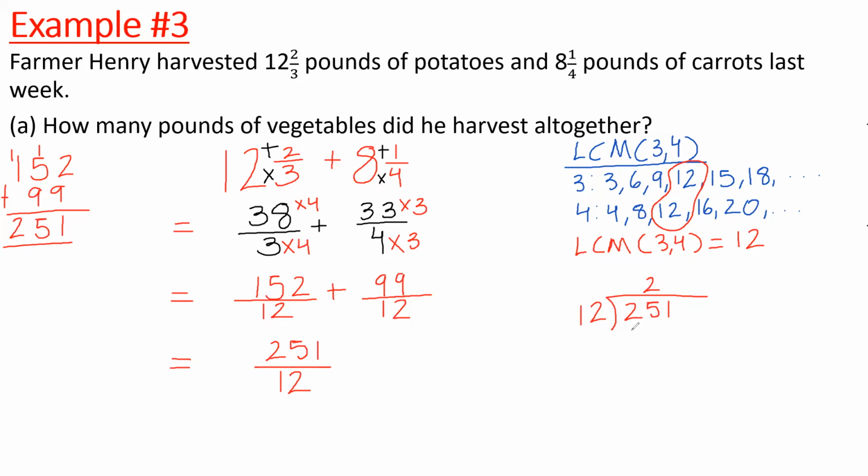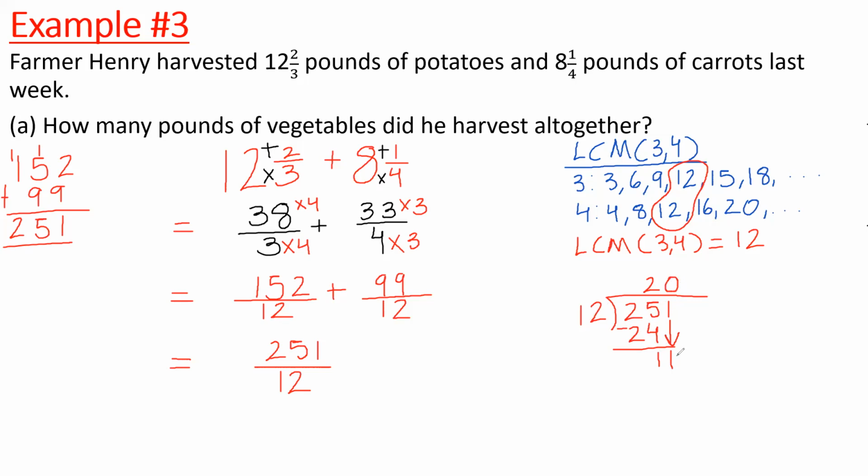So 12 times 2 is 24. We're going to have 25 minus 24, which is 1, and then we bring down the 1. Now how many times does 12 go into 11? 0.